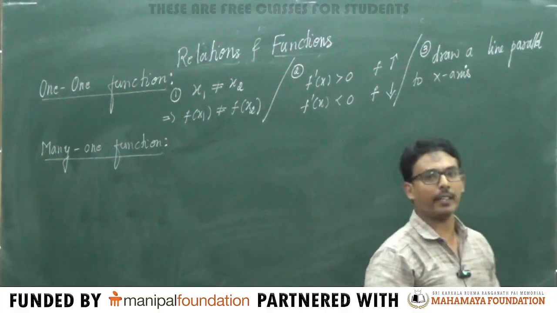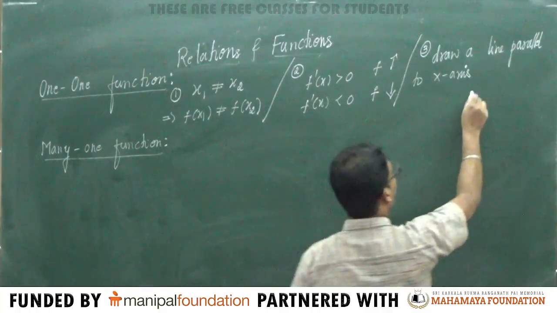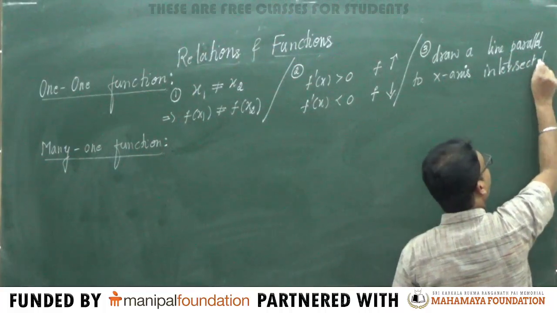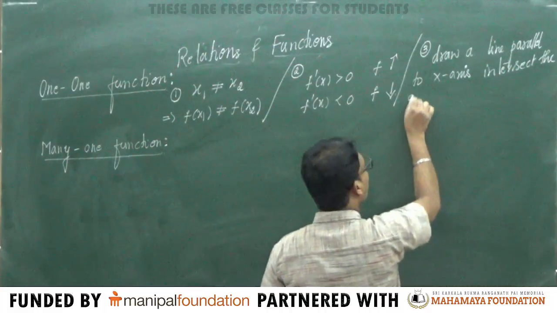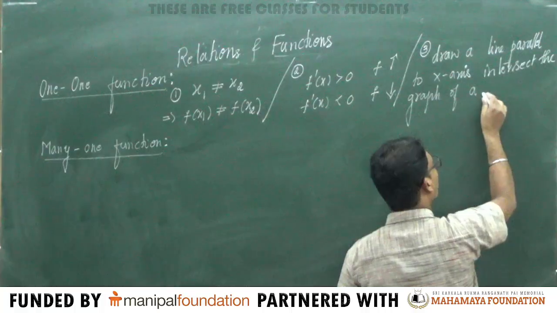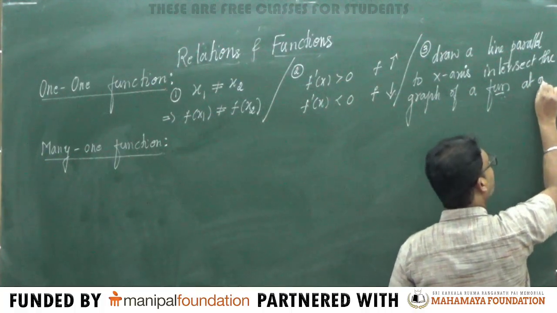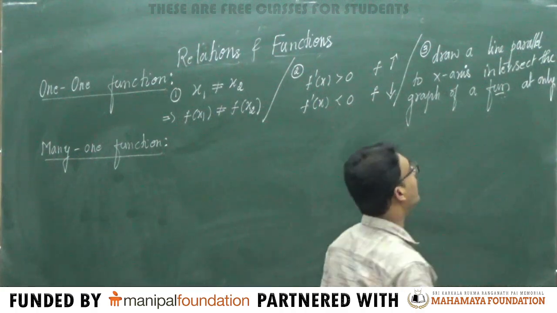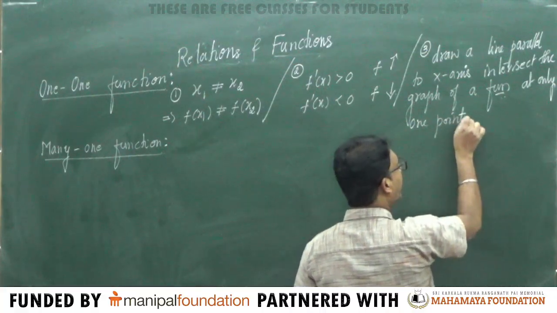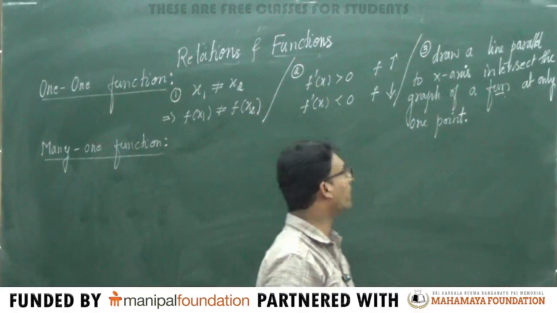If the line parallel to the x-axis intersects the graph of the function at only one point, then it is a one-one function, otherwise it is not a one-one function.